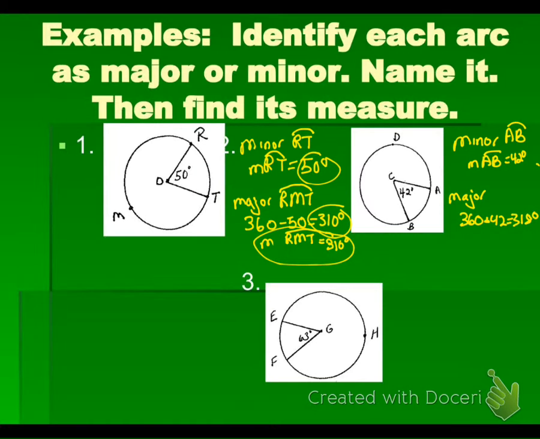And then what is the name of our major arc? ADB. Yep, EF. And you just told me it is the measure of EF, 63 degrees. We have a major. What's our major arc?